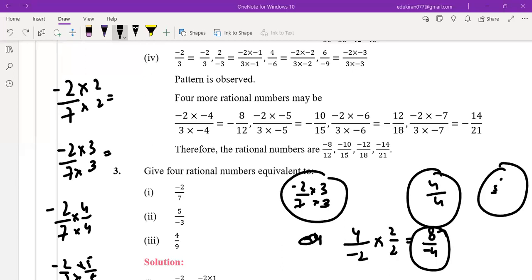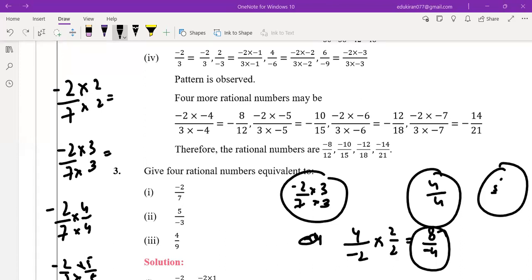Ma'am, in this exercise, there is a rule, right? That in minus 2 by 7, we must not multiply with 1. They will not give marks, right, ma'am? We have to start it from 2. You can start with any number, there is no problem, but you can start with 2 because 2 is the easy number.